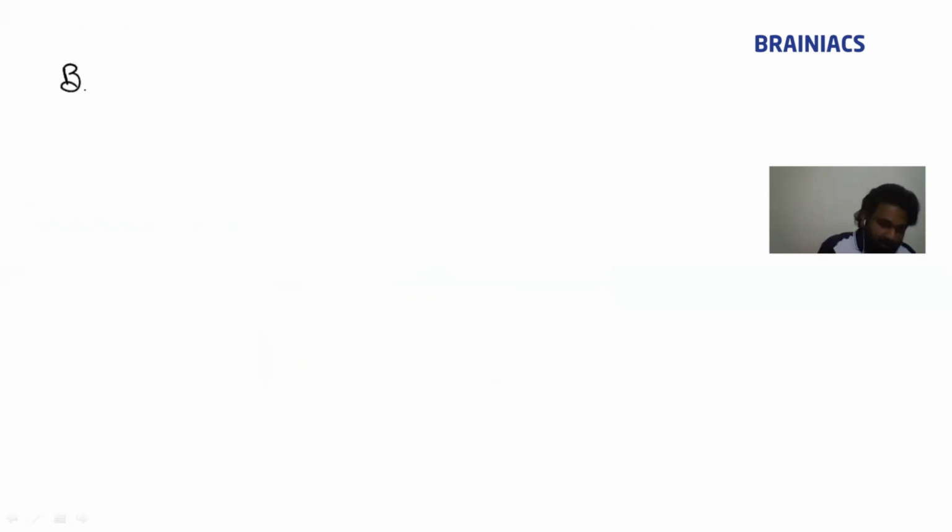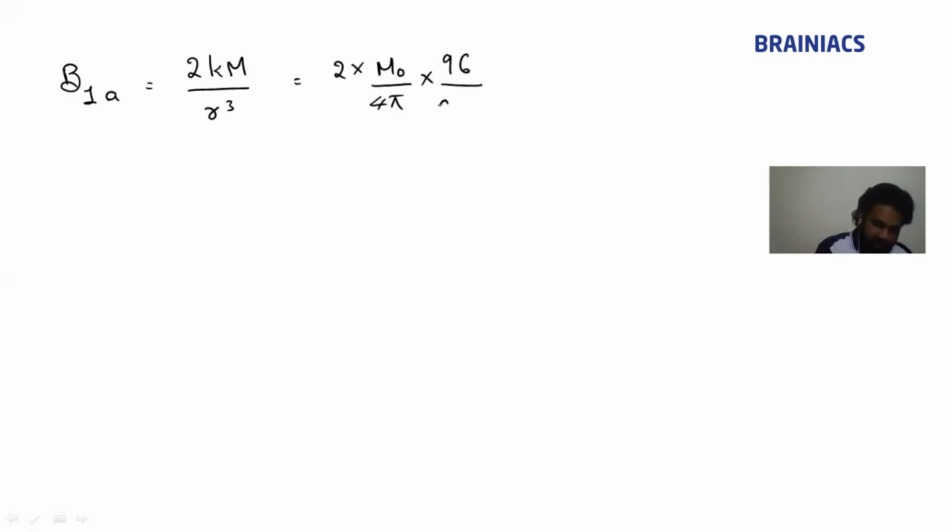So, B1 at the axial point. What is the formula? 2 km divided by r cube. So this is going to be 2 into mu 0 by 4 pi into this one's magnetic moment, 96, divided by 0.4 the whole cube.